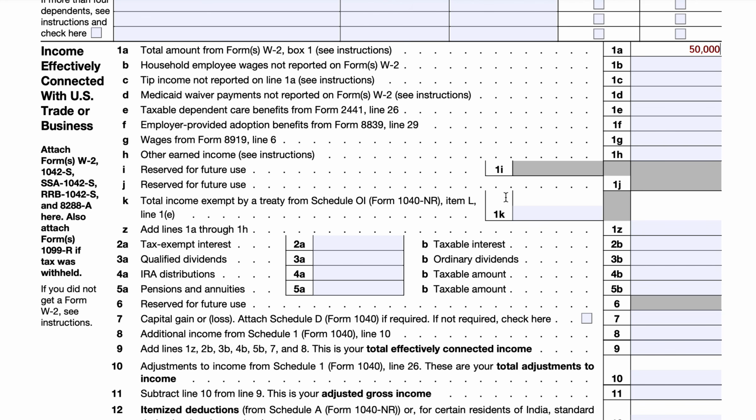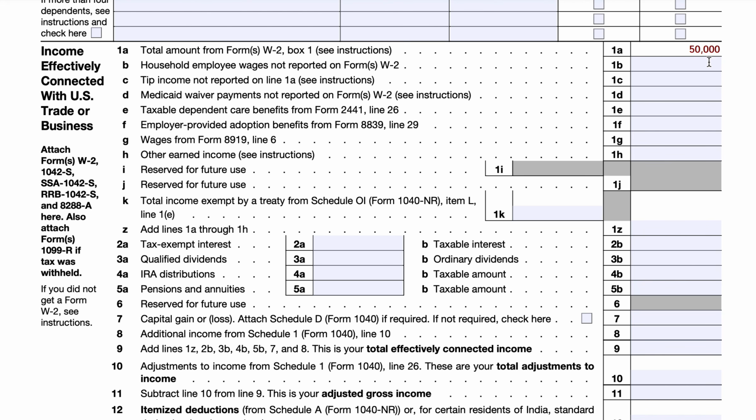So there are a couple of other special circumstances. Services performed partially within the United States and partially outside the United States. Fringe benefits. Those are all extra details that are addressed in the form instructions. So, you can check those out. You can check out our article if you need more detail.